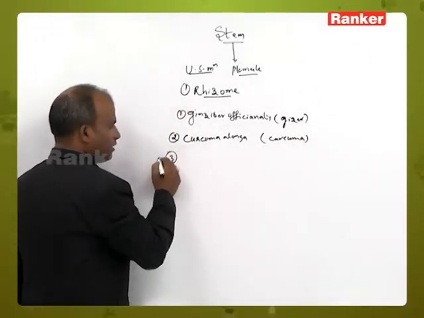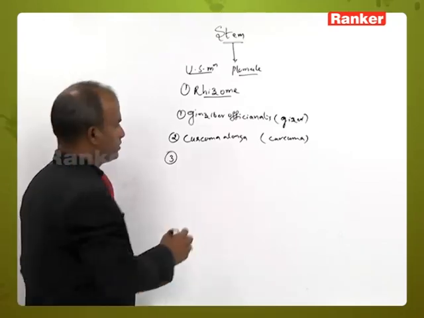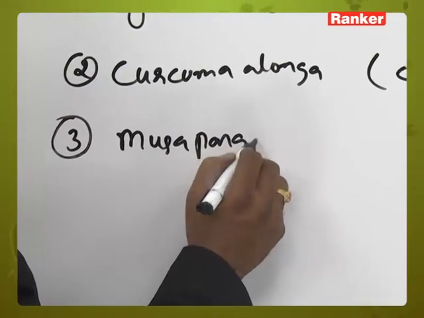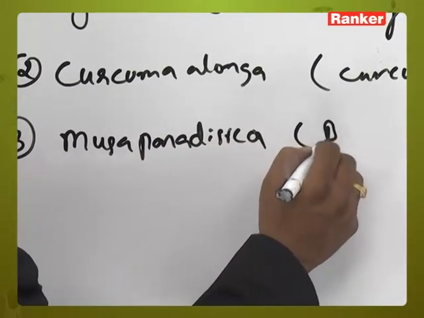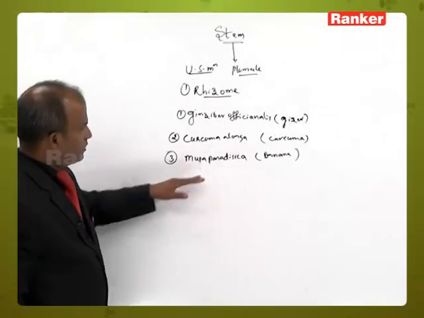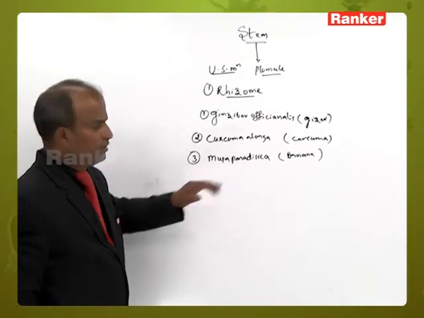What is the third example? The banana plant also shows a rhizomatous stem. That is Musa paradisiaca. The banana plant also shows an underground stem.